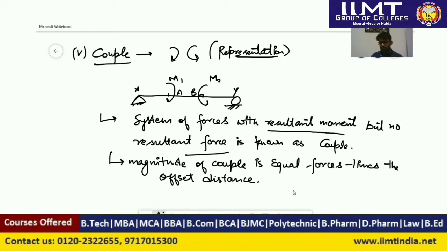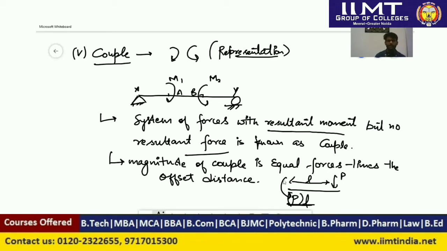Suppose here a load P is acting and the length of the beam is L. So the couple that acts here is P into L. So this is the magnitude of couple, PL. So the magnitude of couple is equal to force times the offset distance.